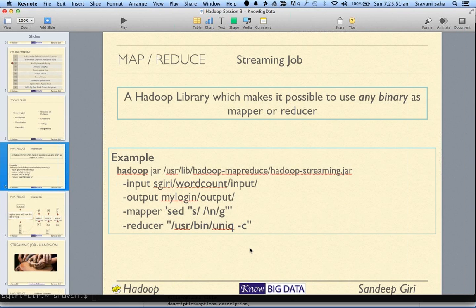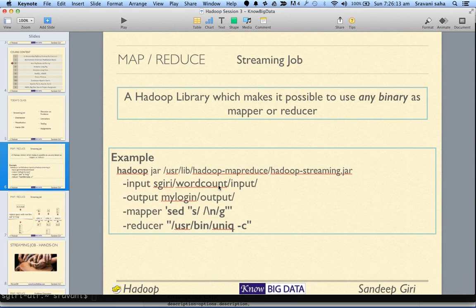The word count problem, which we had been trying to solve using various mechanisms, we now want to solve using existing commands via Hadoop. We don't want to write any code. We already have these commands which can do wonders for us.